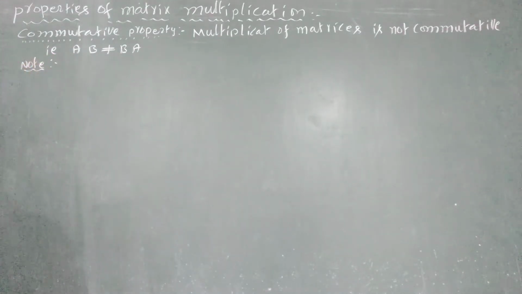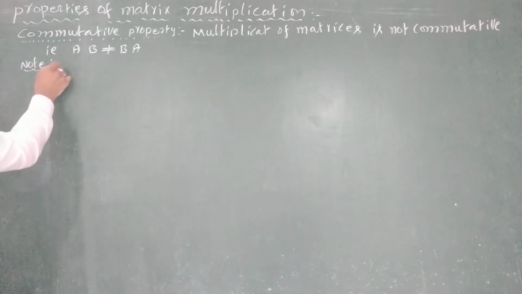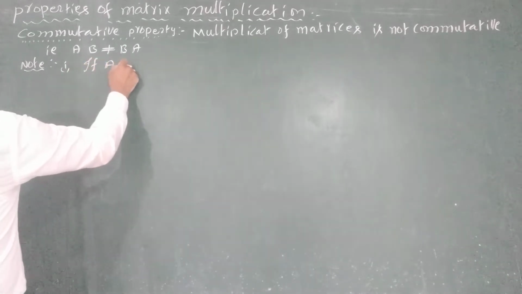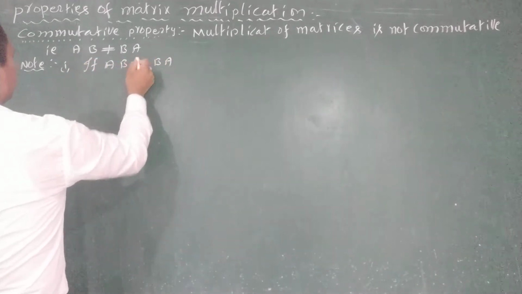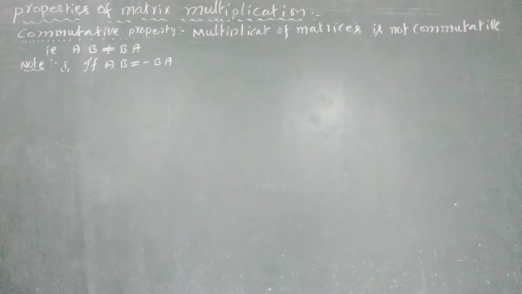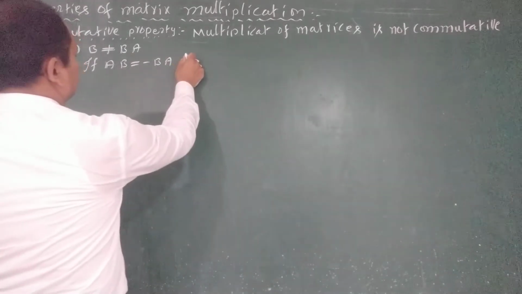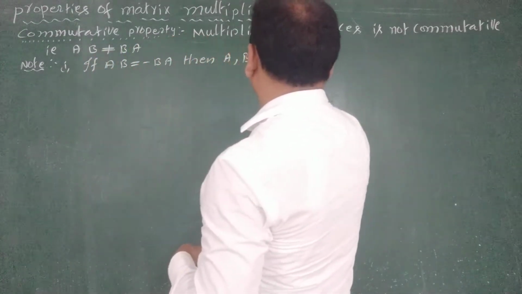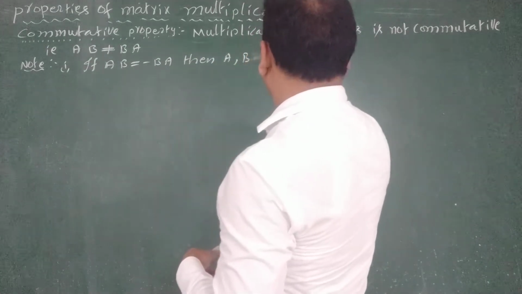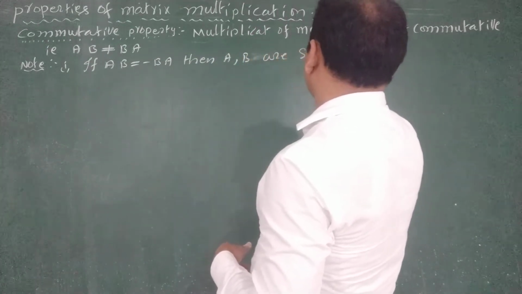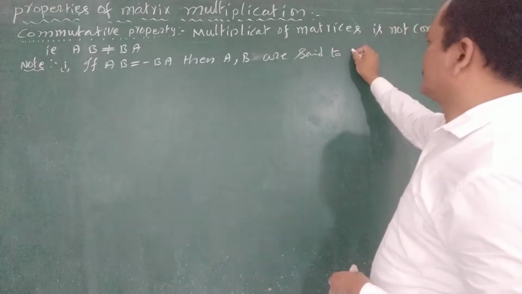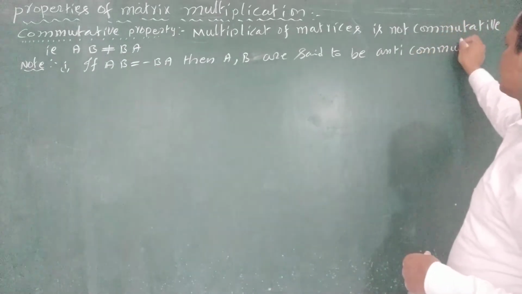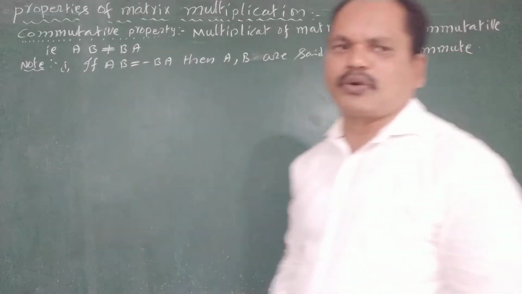Note point 1: if AB is equal to minus BA, then A, B are said to be anti-commute. Now this is the property.